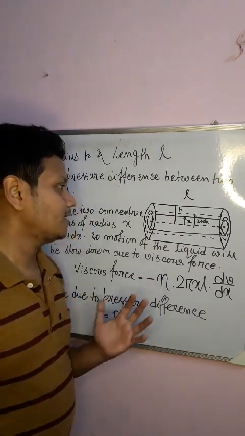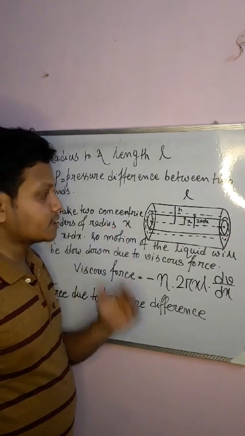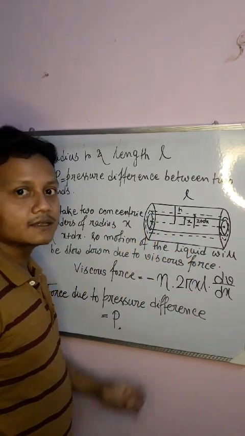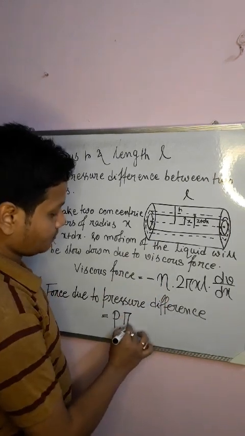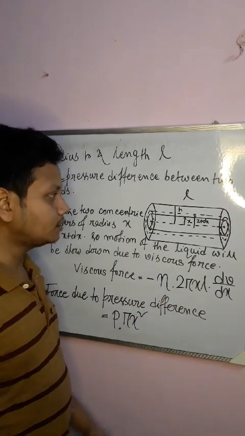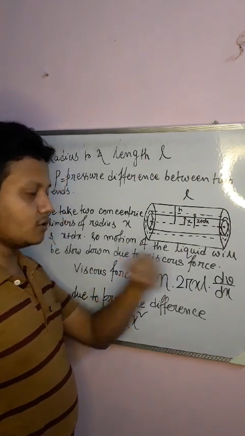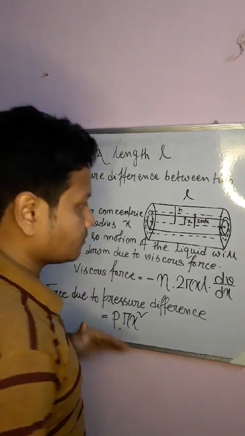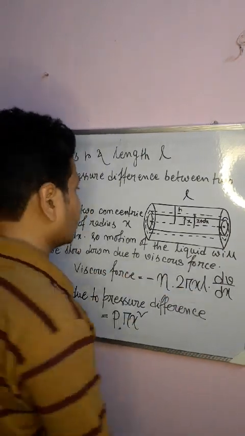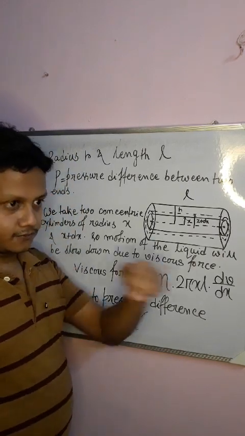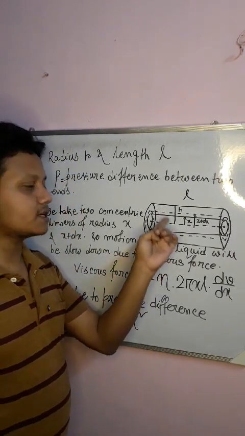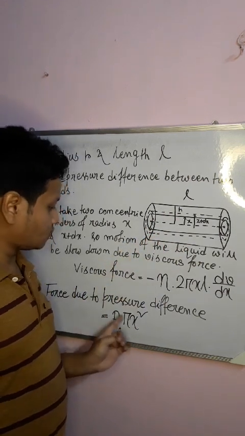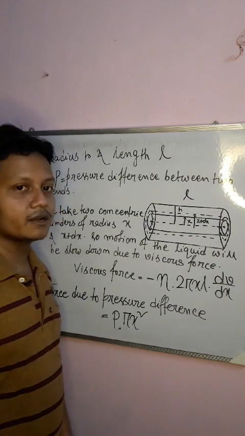Here we consider the cross-section area. The cross-section of a cylinder is a circle, so the area will be pi x squared, because the flow of liquid is along the axis, and no radial flow takes place. Whenever there is a flow along the axis, we have to take the cross-section area.